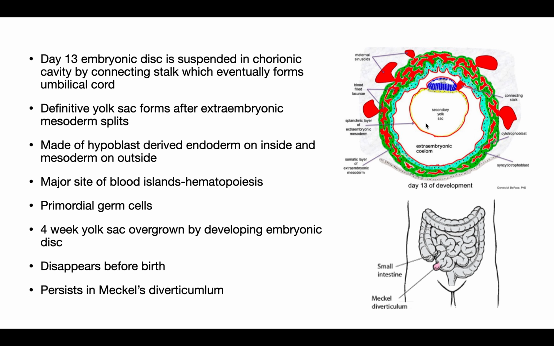By week 4, the yolk sac has been overgrown by the developing embryonic disc and then is kind of ingressed and it disappears. But in rare cases, it persists as Meckel's diverticulum, which is like a little extra pocket that lies in the small intestine, and it can be harmless, but sometimes it can become infected, and then that's a surgical removal.